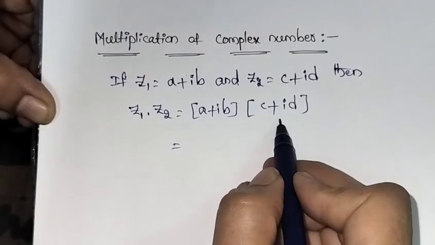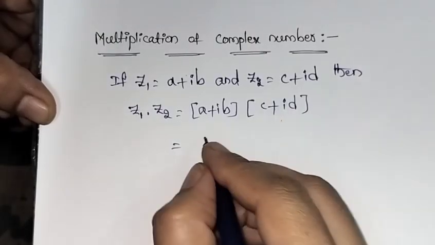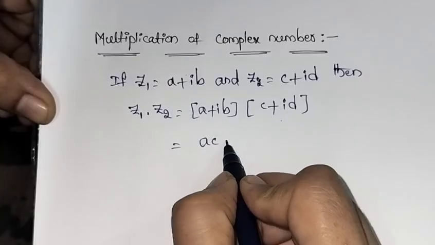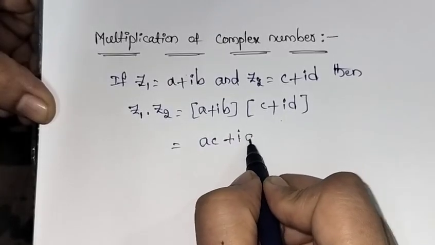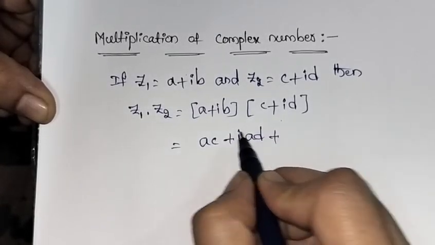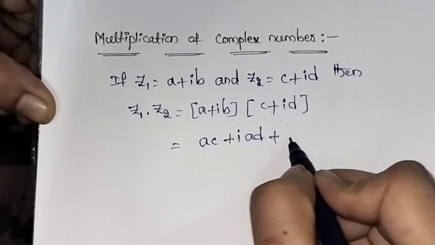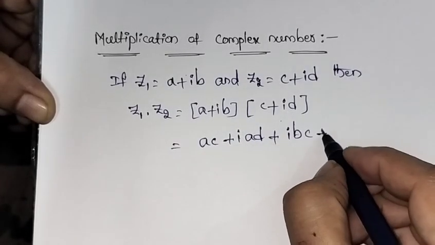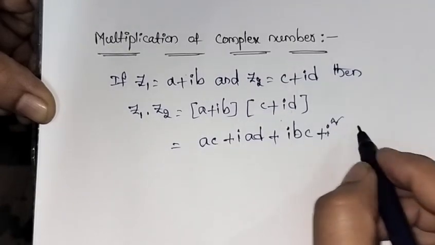Multiply these two terms: a into c, ac; a into id, plus iad; ib into c, ibc; i into i, i square, b into d, bd.